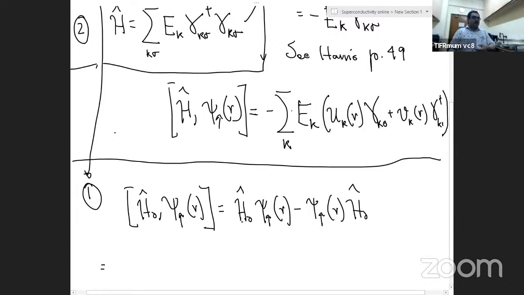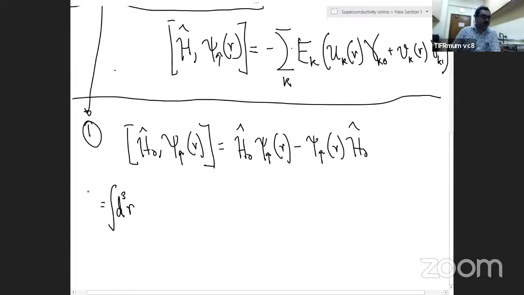Okay, now H naught you have to expand, and what you will get is the cube of R. This I am writing for H naught cap in terms of the first quantized Hamiltonian.